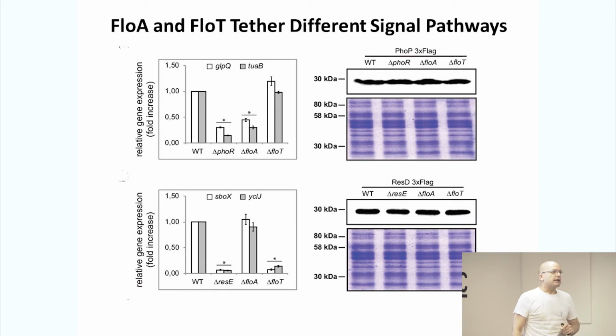Of course, we did microarray to verify that the mutants in Flo-A and the mutants in Flo-T are similar, at least for these particular regulons. This is only two genes that we selected from the whole pool of genes that are controlled.